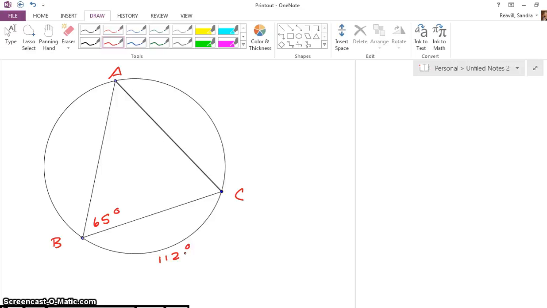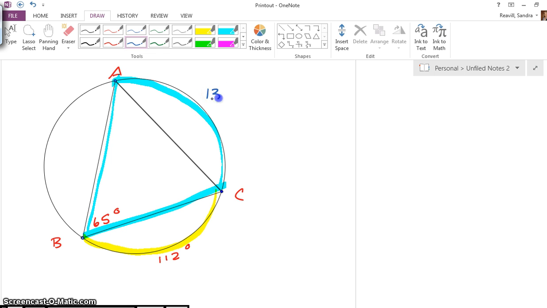So what do we know about arc AC then? We have an angle inscribed in arc AC. If that angle is 65, then the measure of arc AC must be 130 degrees. We know the whole circle measures 360 degrees.